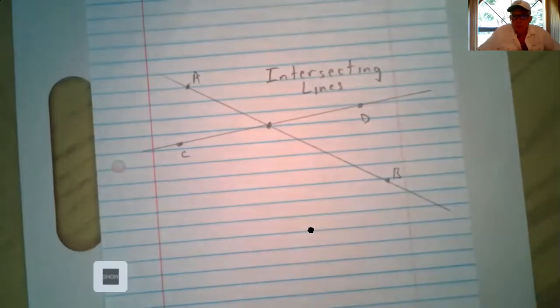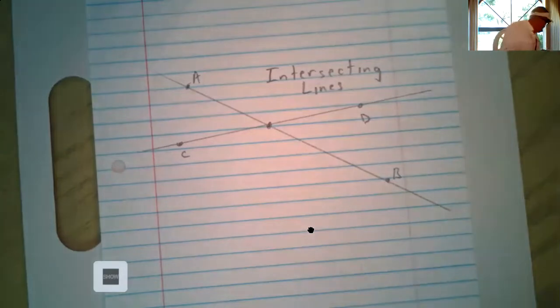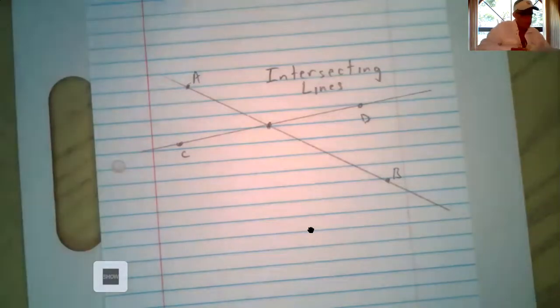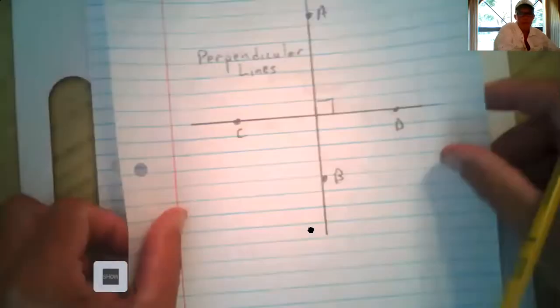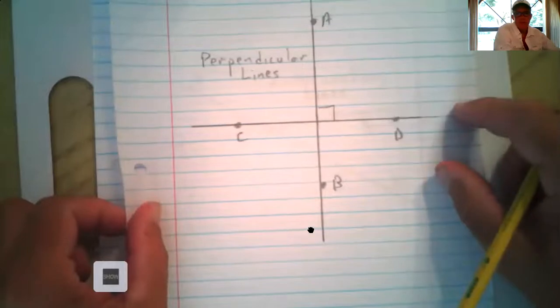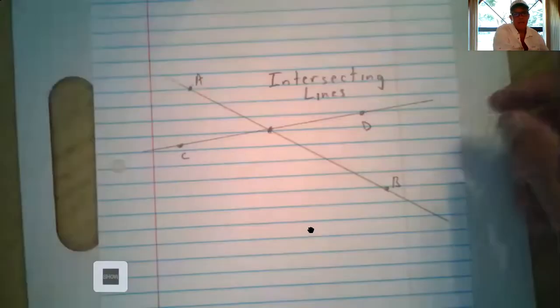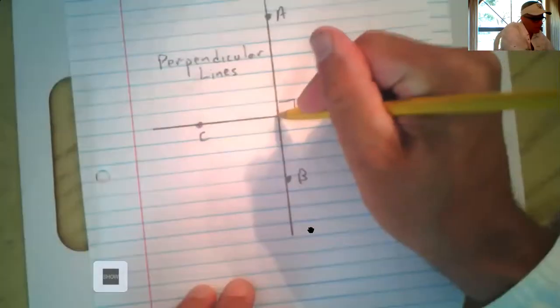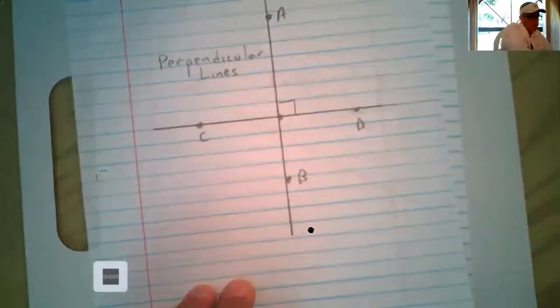Okay, so I know a lot of you guys have your hands raised and you're saying, hey, can perpendicular lines also be called intersecting lines? Yes, they can, because these perpendicular lines are crossing right here, that center.